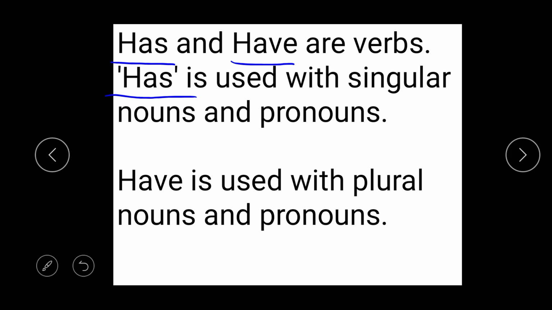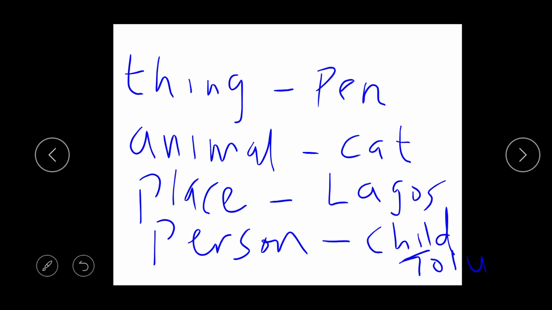When we're also talking about singular pronouns, pronouns take the place of a noun. Instead of saying Shola is handsome, you say he is handsome. So he is a pronoun. Singular pronouns also take the verb has.